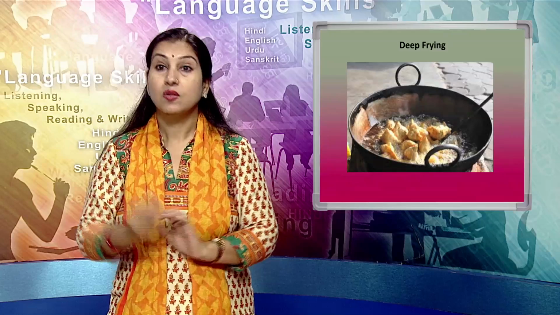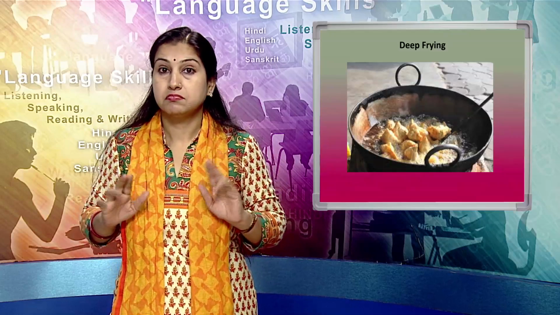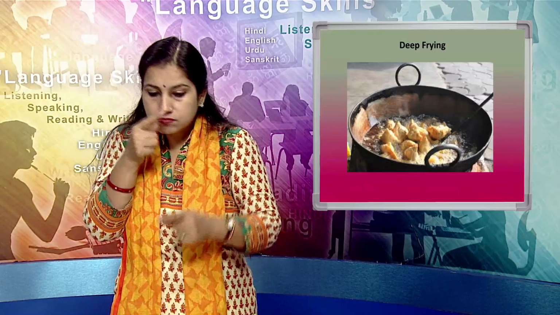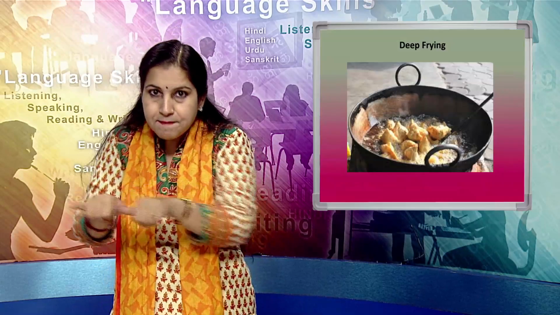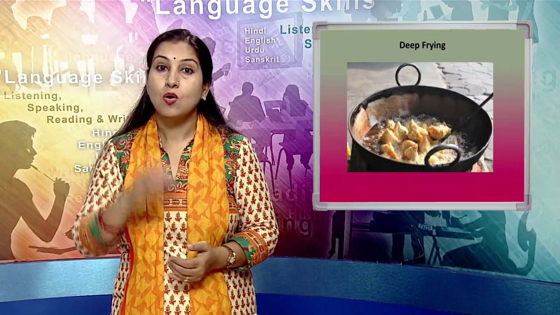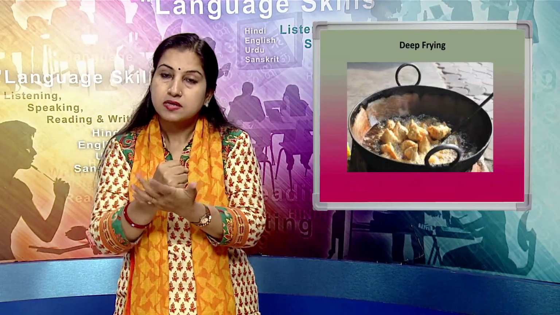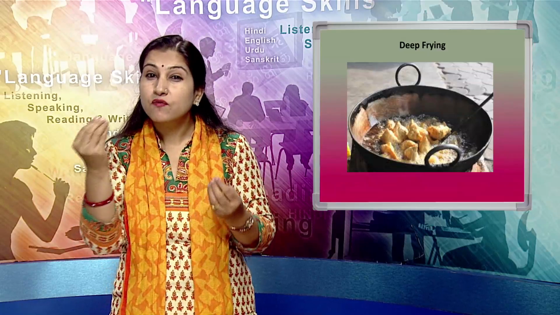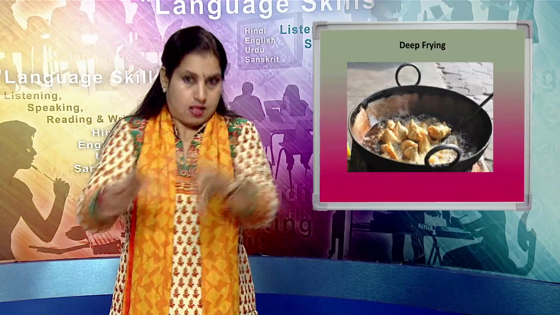Some precautions while frying food are: food should be cut into even-sized pieces to ensure even cooking. Oil or ghee should be heated well. Add a few pieces of food in the hot oil in the beginning.